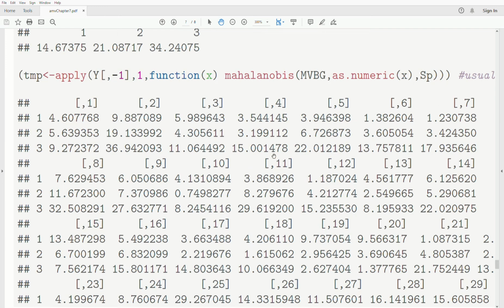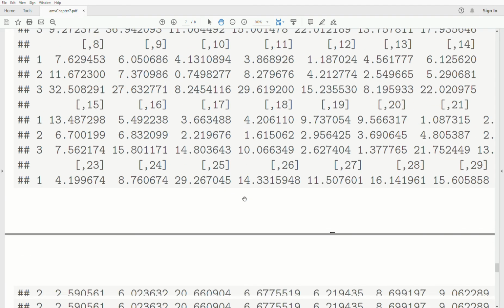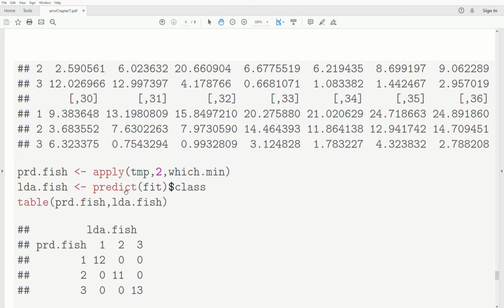So normally I wouldn't print this, but I kind of want to show you. So really somehow we need to pick off which group is smallest. And that's what this next function does. The which.min, so it goes in and finds which component is smallest, and it puts that number. And so I call predict fish.